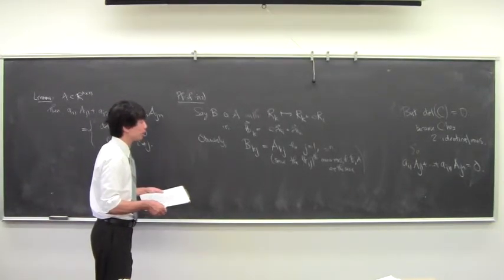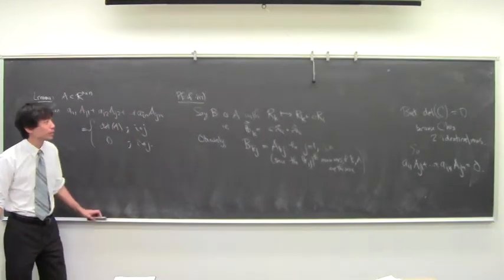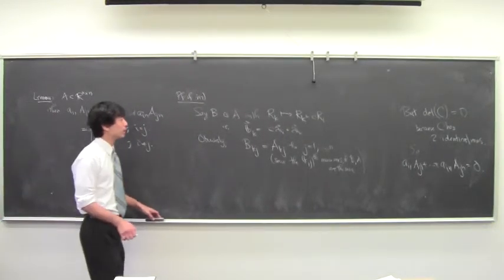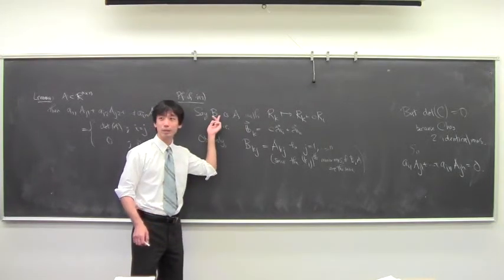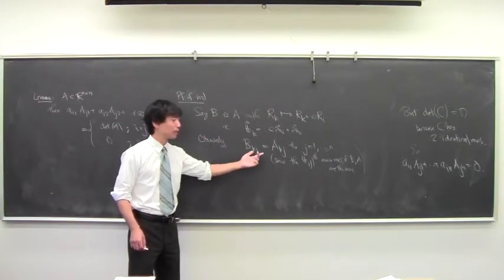Okay. So what do you think we're going to do? How are we going to calculate the determinant of B? What move do we make next? Here's sort of the big clue.